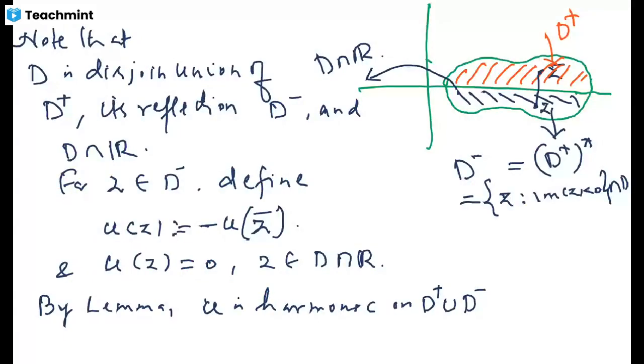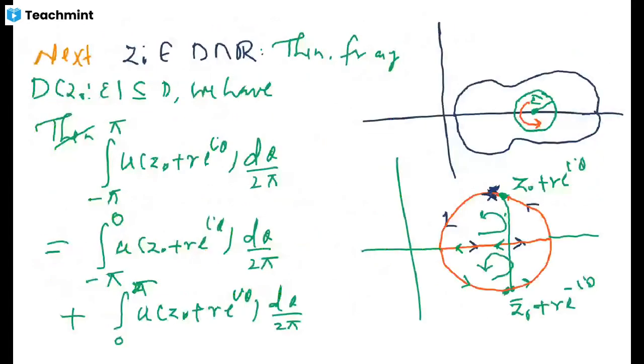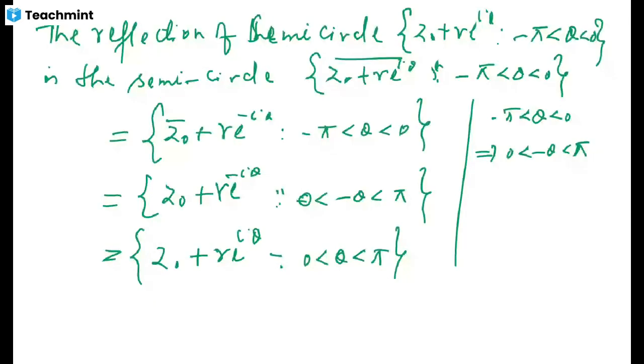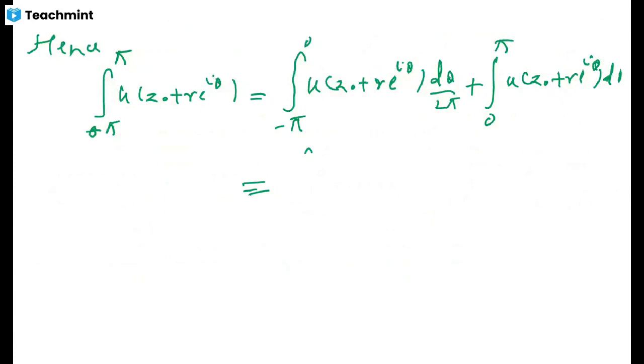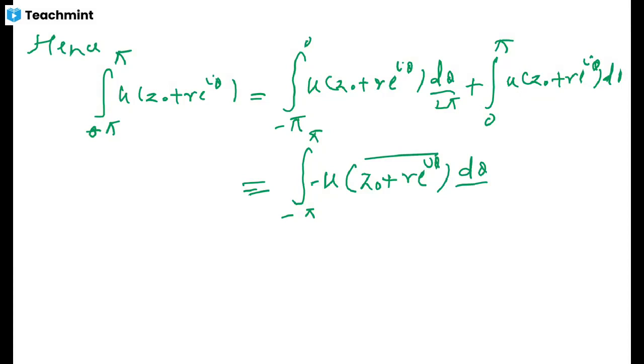It is minus of u at z conjugate. So it has to be minus pi to pi, u at the conjugate of z naught plus r e^{i theta}, d theta upon minus of this thing 2 pi, plus let it be as it is here.